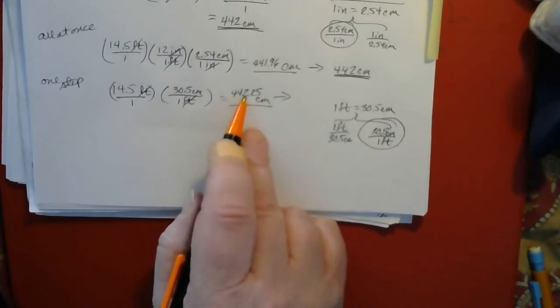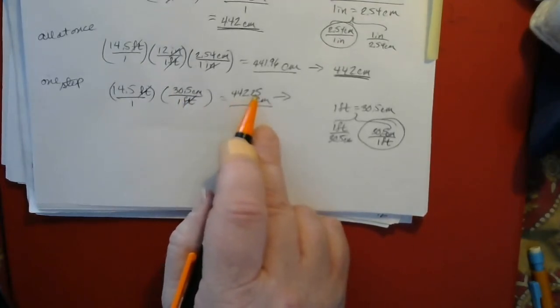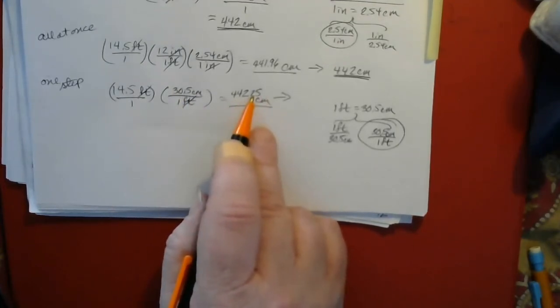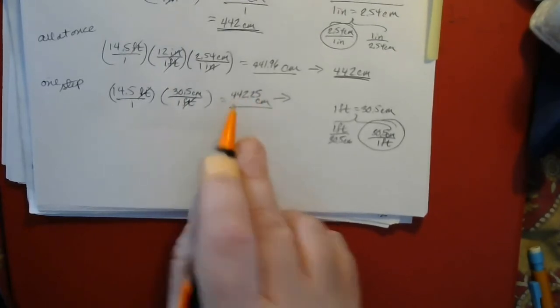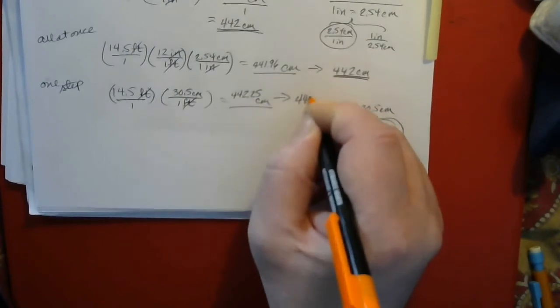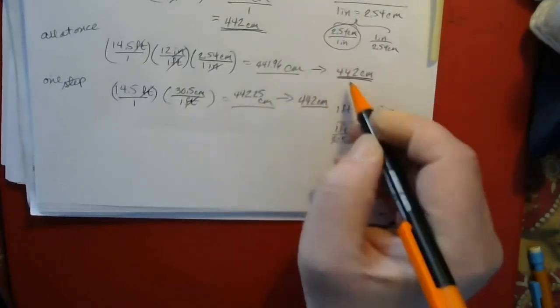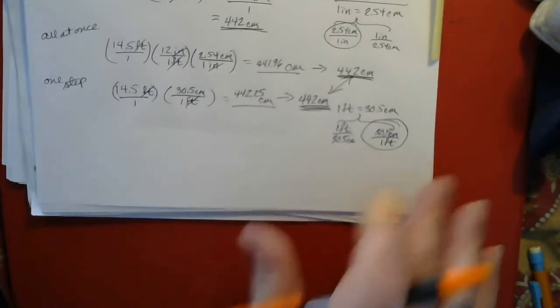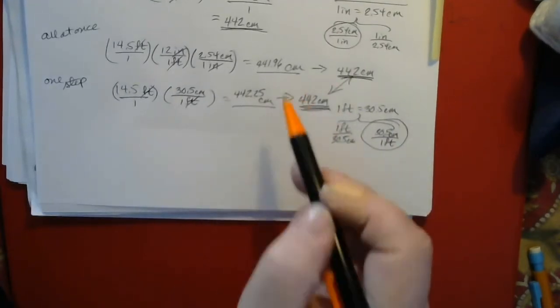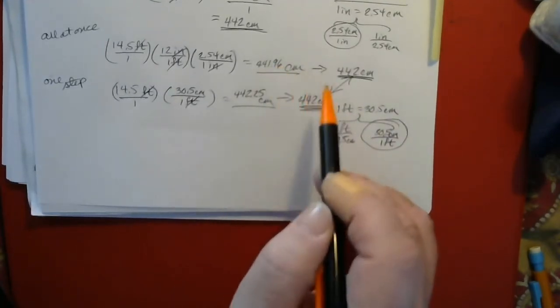That means the 4, 4, and the 2 can stay, but the 2 and the 5 at the end have to go. Since the first number we're dropping is a 2, we can leave the numbers we're keeping the same, and we end up with 442 centimeters, which is the same as what we ended up with before. And it's because, again, of significant figures.